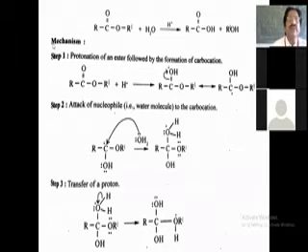Okay. Now let's see the mechanism, how that is taking place. Step 1 is the protonation of an ester, followed by the formation of the carbocation. So this is the ester, and if you just see the cursor, this oxygen is an electron deficient center, and it also contains 2 extra pairs of electrons.